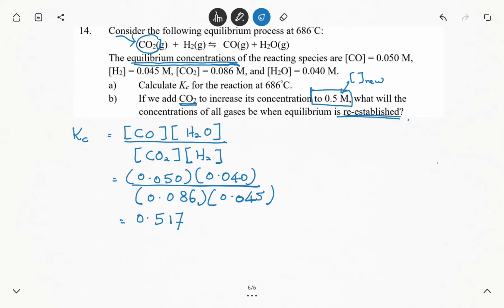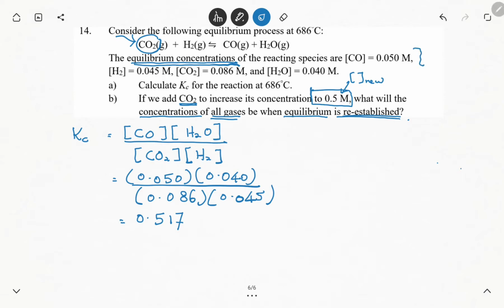So what will happen? The reaction will adjust and try to achieve the equilibrium back. That's why the question asks you about the concentration of all gases when the equilibrium is re-established. So how do we relate the concentration given?